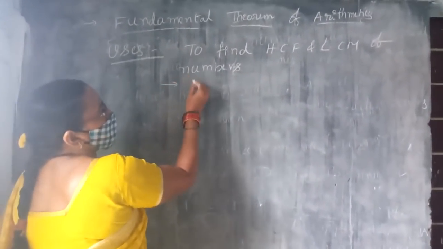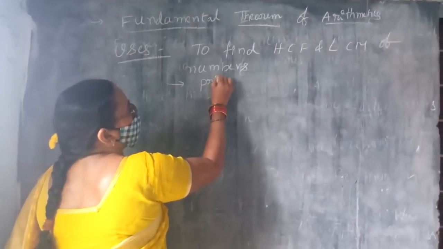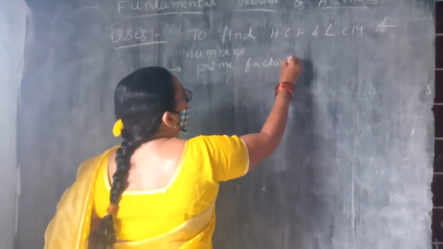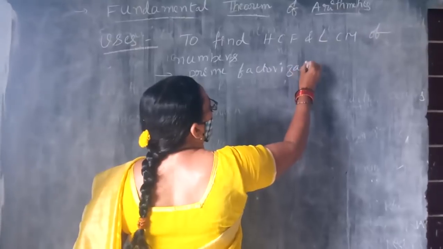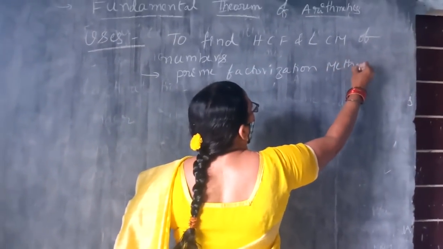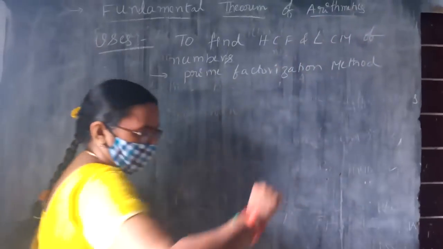This process is called the prime factorization method.